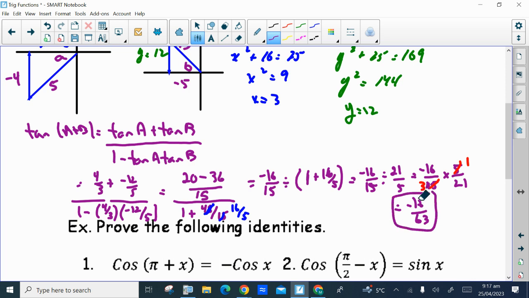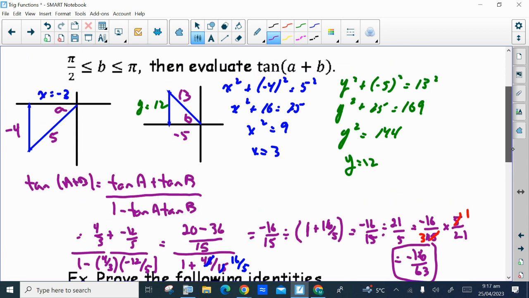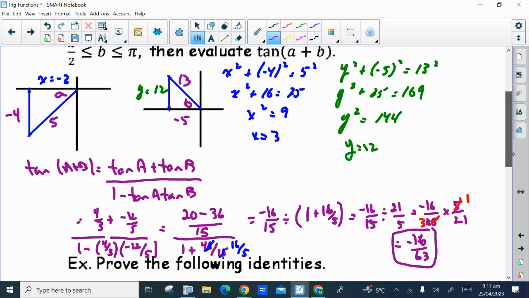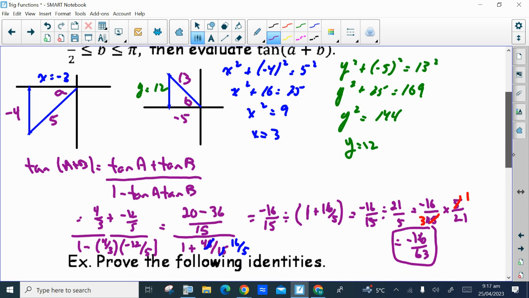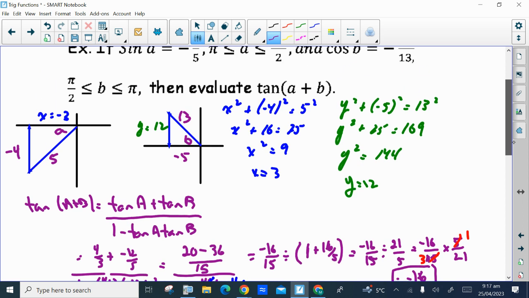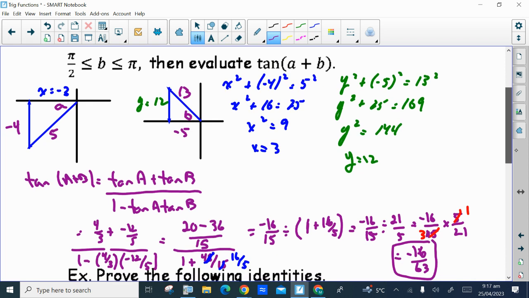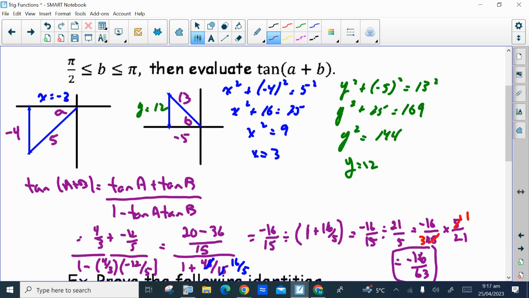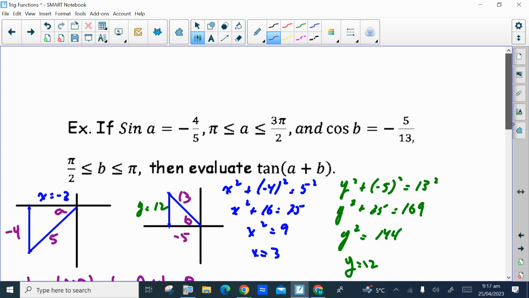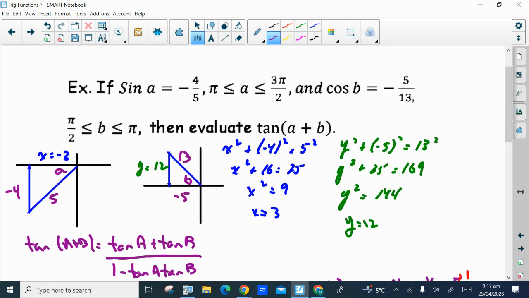And unfortunately, a question like this can't really be checked on the calculator. Well, I guess you could. You could find out what the reference angle A would be by going second function sine of negative 4/5.